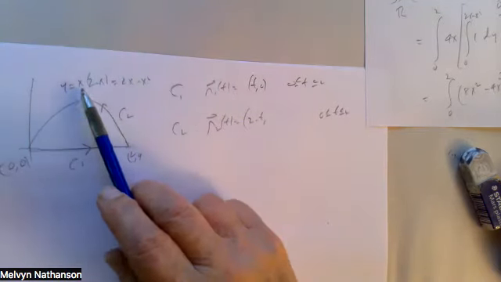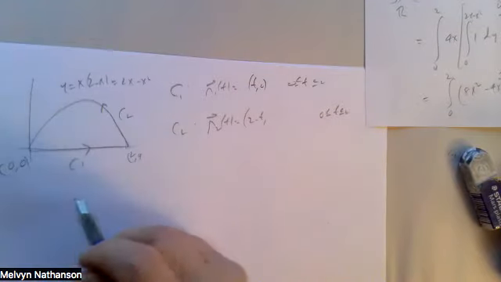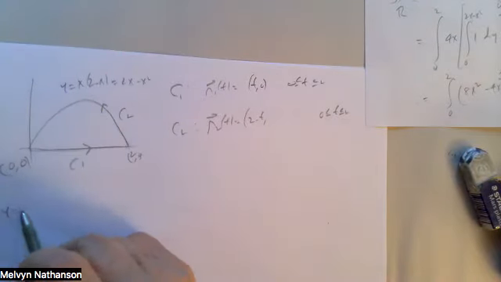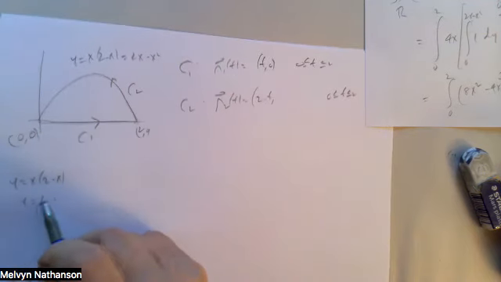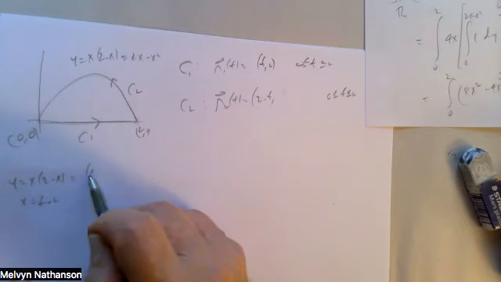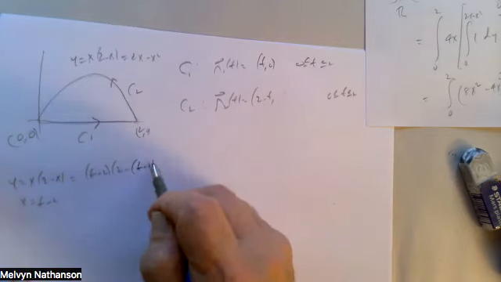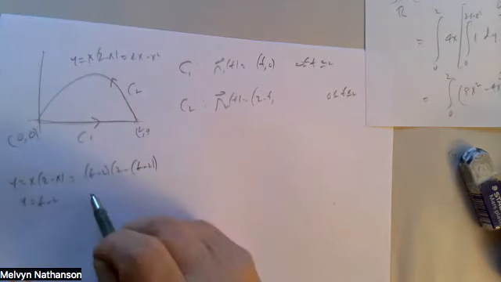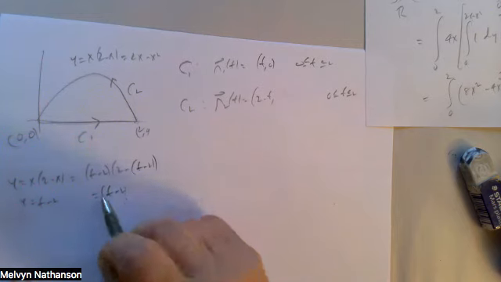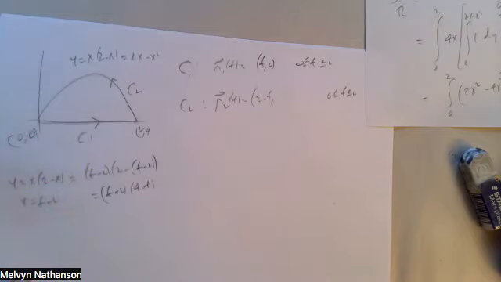When I put in x equals t minus 2, note this: if y equals x times 2 minus x, and x is t minus 2, this is t minus 2 times 2 minus t minus 2, which is t minus 2 times 4 minus t.